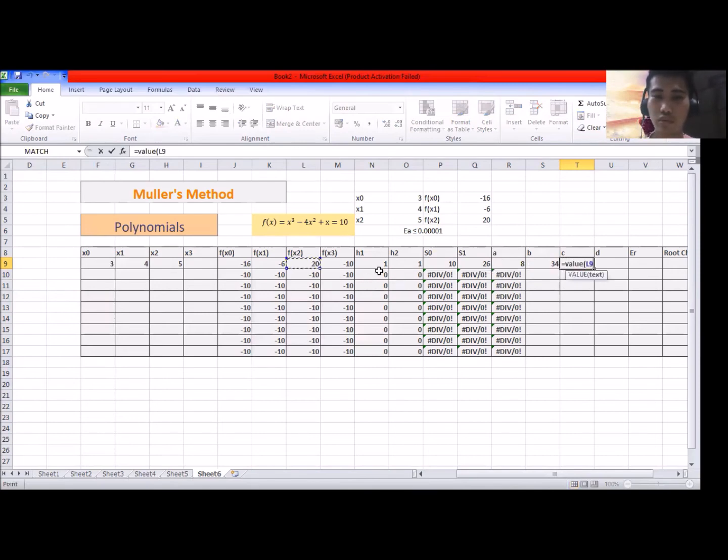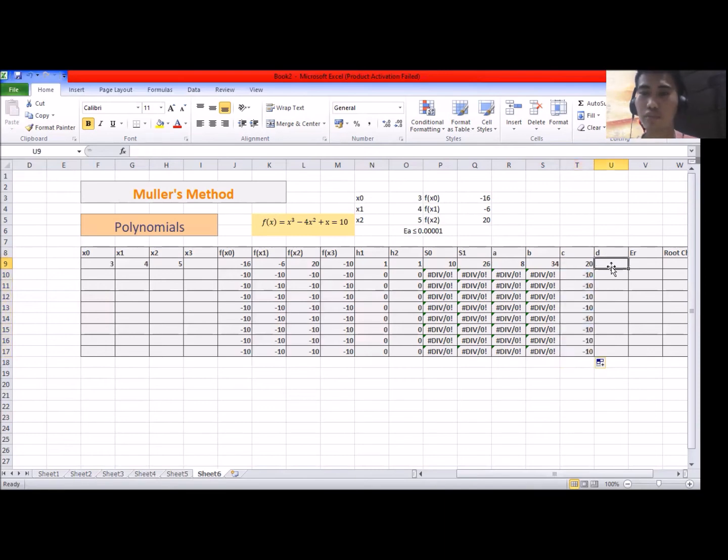Let's rewrite the formula again. For d, we have the formula equal to the square root of b squared minus 4 multiplied by a, then multiplied by c.